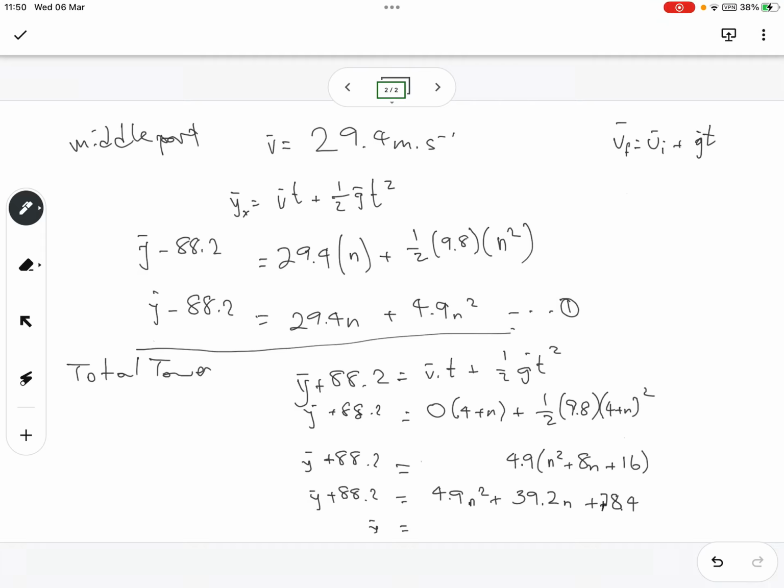What's 78.4 minus 88.2? About negative 10.2. Negative 9.8. Yeah. Okay, so it's 4.9n squared plus 39.2n minus 9.8.